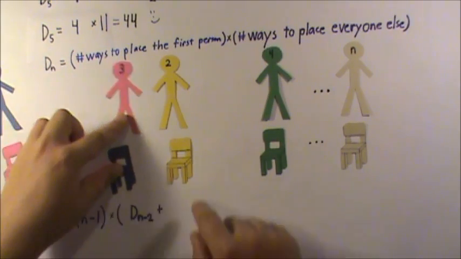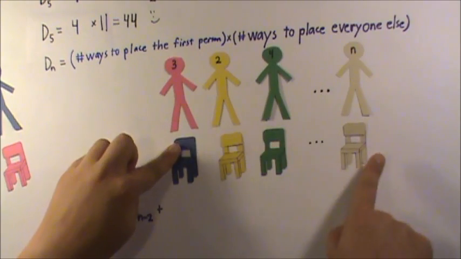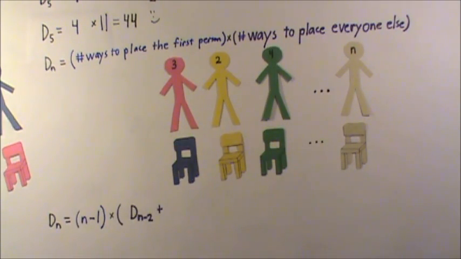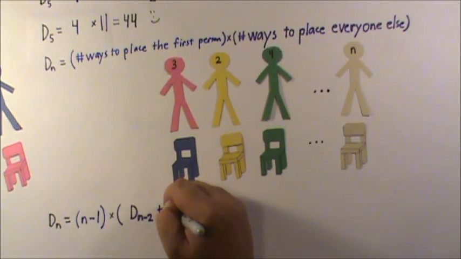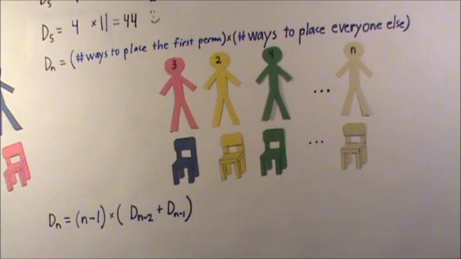And if the lone person doesn't take the lone chair, it's just like everyone else then, with a chair below it that can't go with it. So it's D(n minus 1). And this gives us a formula for counting derangements.